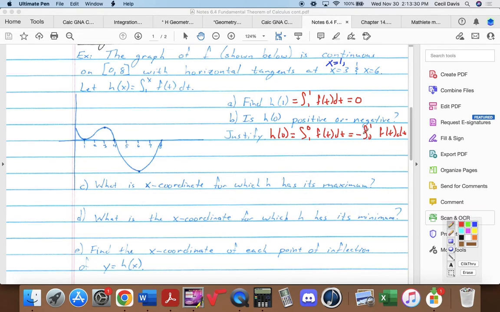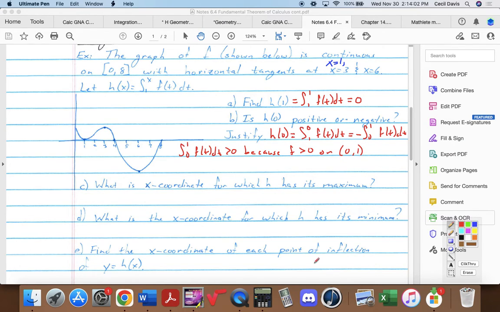Now, forgetting about this negative sign for just a second, the integral from 0 to 1 of f of t dt, is it positive or is it negative? Positive. The integral from 0 to 1 of f of t dt is greater than 0 because f is greater than 0 on the open interval from 0 to 1.